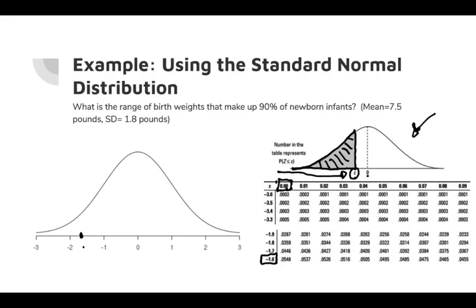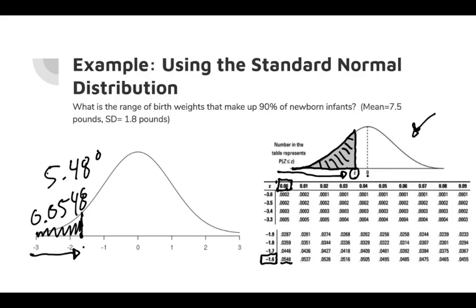And that tells me that this area from out here up to here makes up this value right here, 0.0548, which is 5.48% of the data out here in this range.